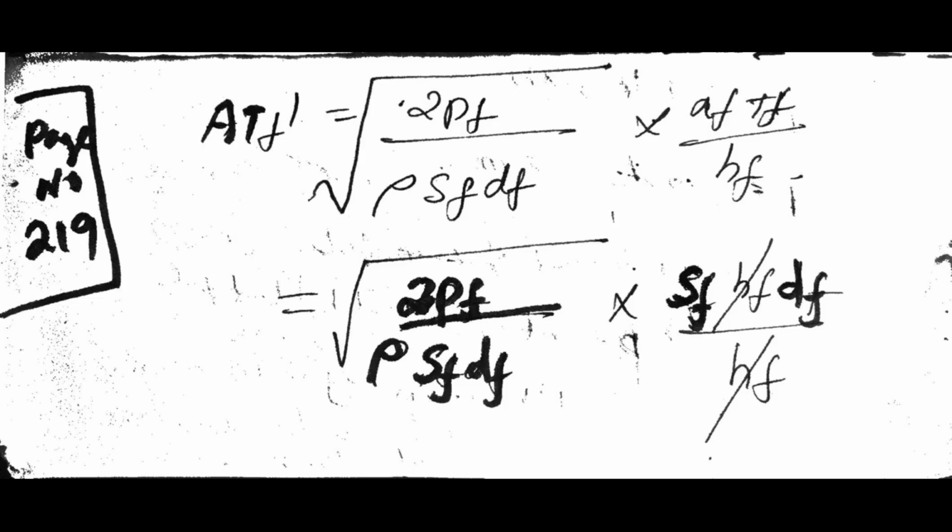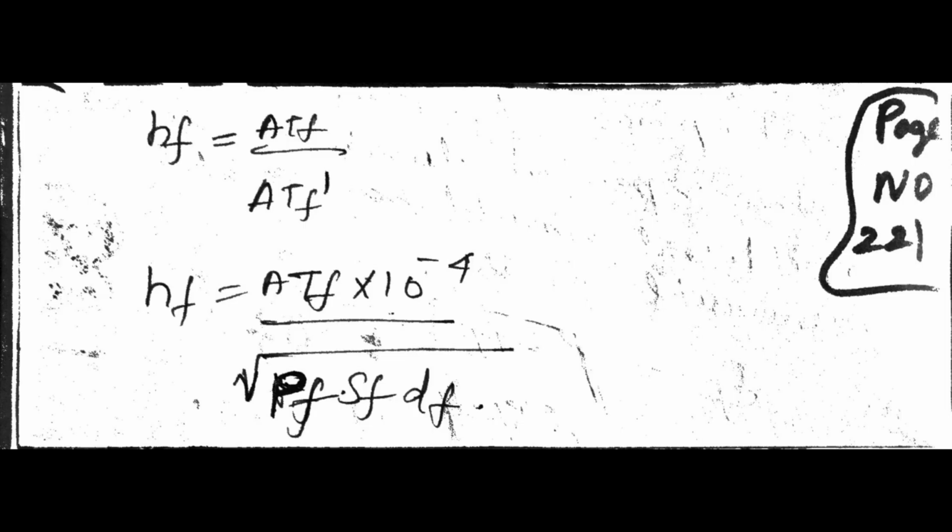ATF dash is equal to the root of 2 PF divided by rho SF DF into SF HF DF divided by HF. HF and HF cancel in numerator and denominator. HF is equal to ATF divided by ATF dash. HF is equal to ATF into 10 power minus 4 divided by the root of PF SF DF.